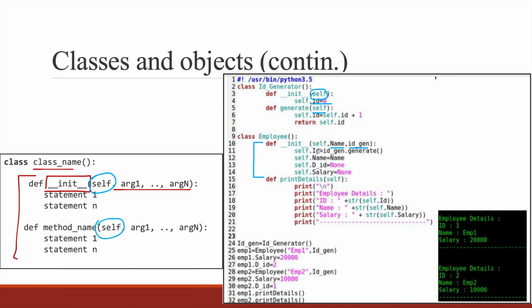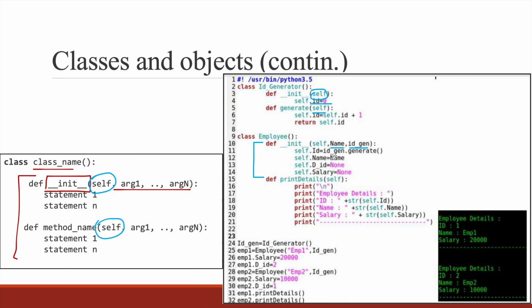And then we have a variable in the employee class that is called ID, and this ID will be id_gen.generate(). So this id_gen is an object of this class, and we will call its method generate. By default, this value is 0, and then when we call the method generate, it will increment it.